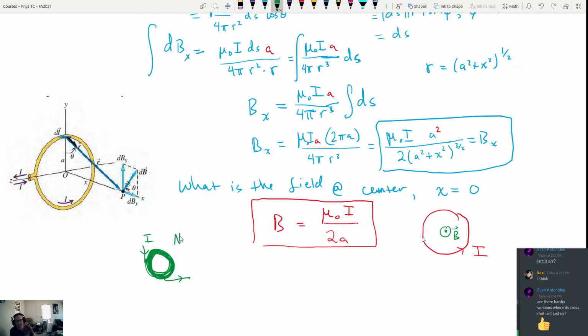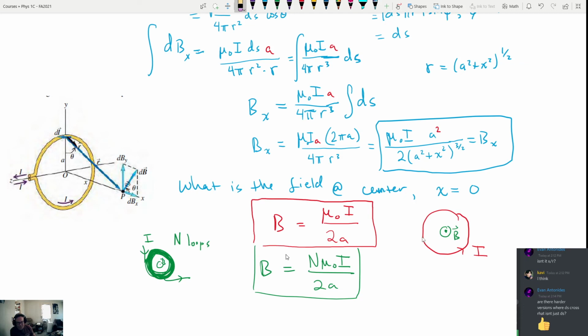Then the magnetic field created at the center, which is definitely going to point out of the page, will be, for every loop you have, mu naught I over 2a. So if we take n times mu naught I over 2a, that gives us our magnetic field.